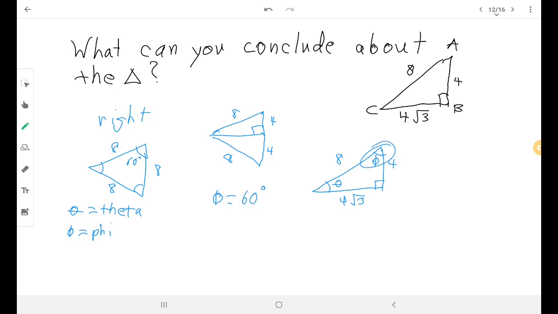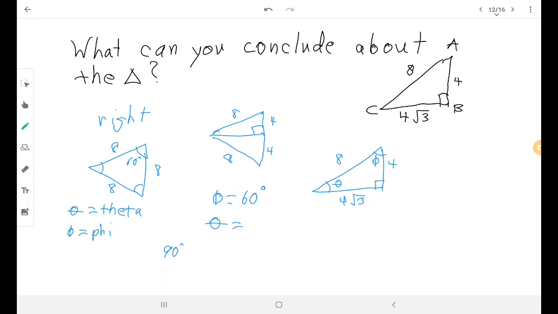So if this one's 60 degrees and this one's 90 degrees, then what do I know about theta? Well, I know that if I add all 3 of them together, I get 180 degrees, right?